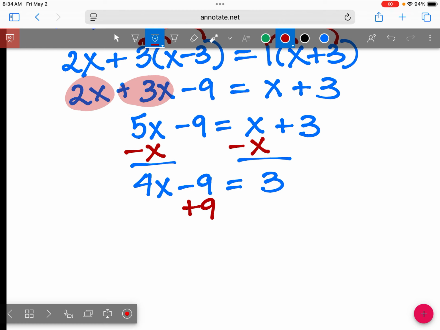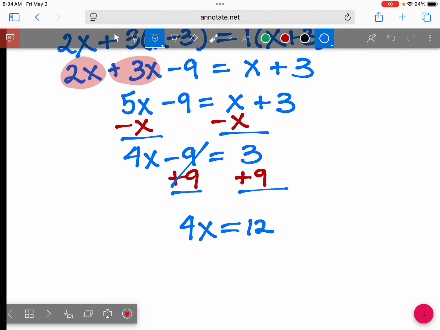Add it to the 3. And then 3 plus 9 is 12. And then your last step is to divide both sides by 4. So I get x equals 3.